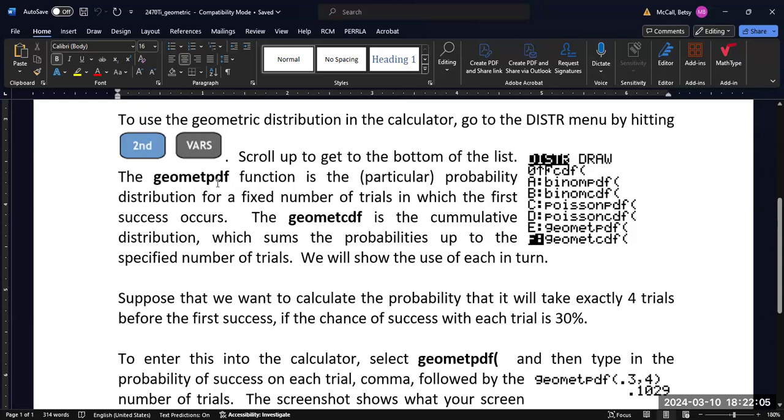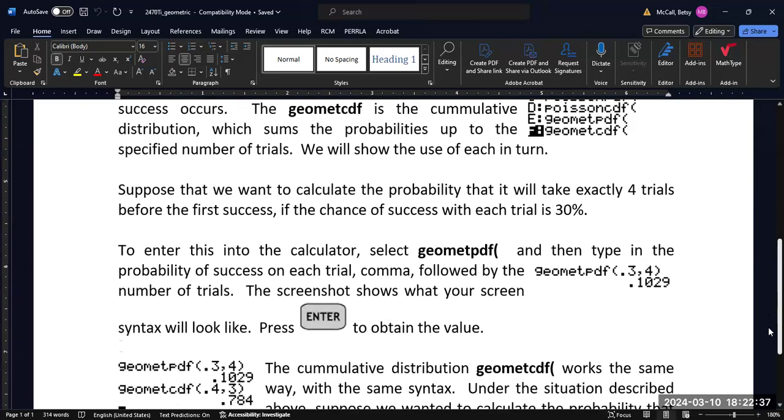Again, because this is a discrete distribution, you can use either or both depending on the specific problem that you're doing. So the PDF will come up with a discrete value for exactly 5 rolls before you get a 6, for example. The CDF will be up to and including 5 rolls before you get a 6. So we'll look at an example of each one.